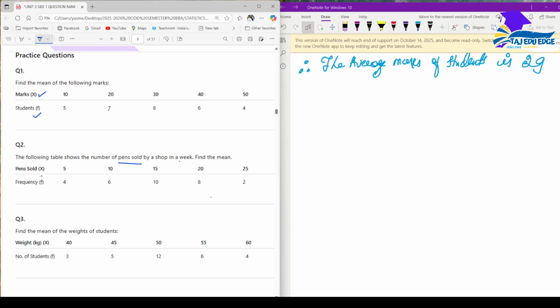They have given the pens sold as X and they have given the frequency. Number 5 kind of pen is sold 4 times. Number 10 kind of pen is sold 6 times. Number 15 kind is sold 10 times.